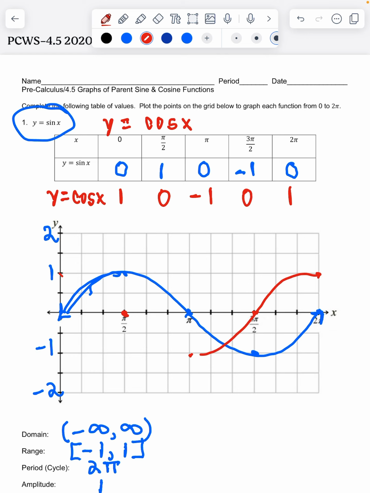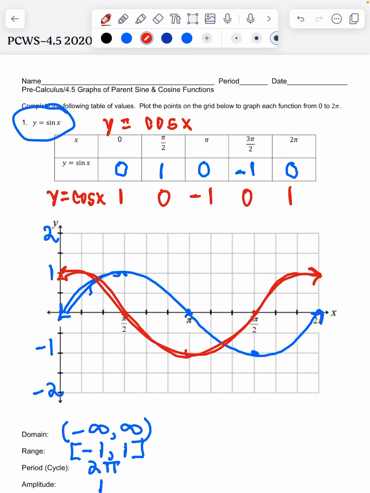And if I draw my curve here, that is giving you an idea of the cosine graph. And like the sine graph, it theoretically continues forever. I just graphed them both on the same coordinate plane. And you do it on front and back of your worksheet. But that is one cycle.